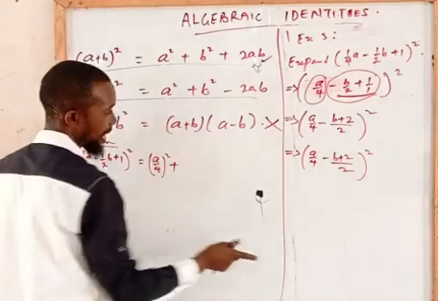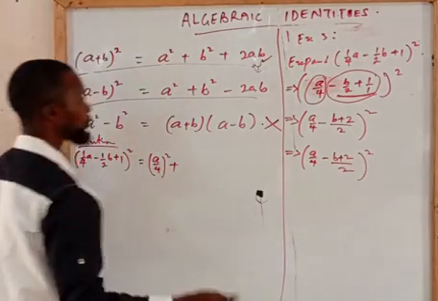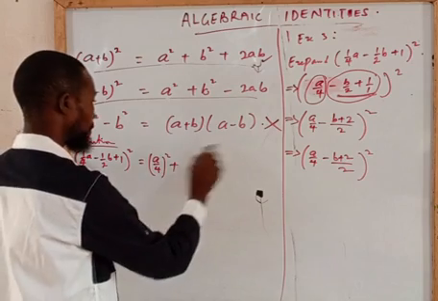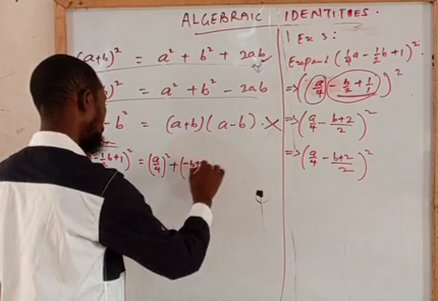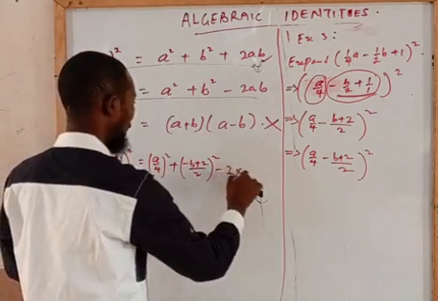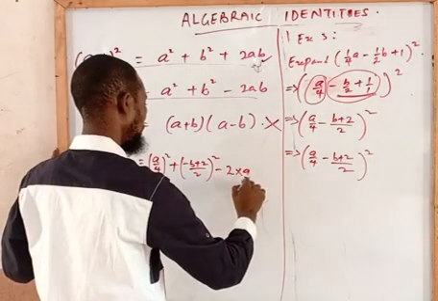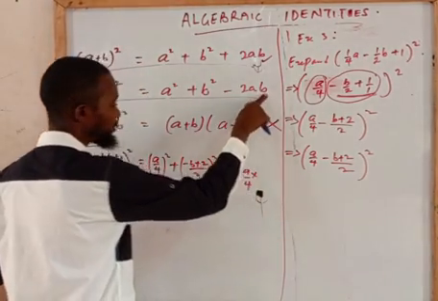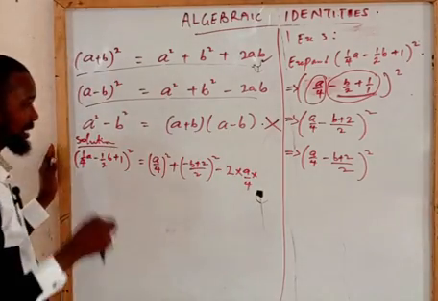The next item we have within this bracket, which is minus b plus 2 over 2. So I have to square that one too. So to do that, I will say minus b plus 2 over 2, everything squared. Then minus 2 times, what here means the first item, a over 4, multiplied by b here means the remaining thing outside the a over 4.